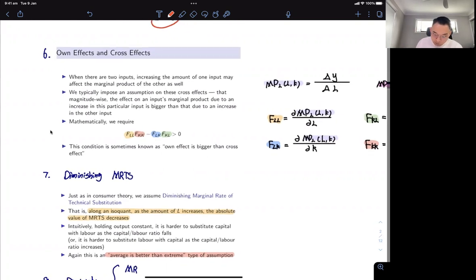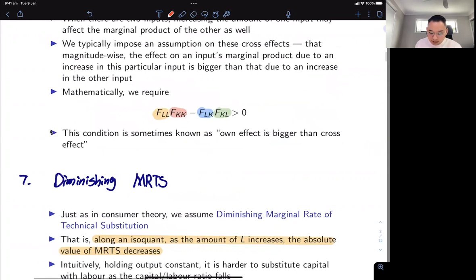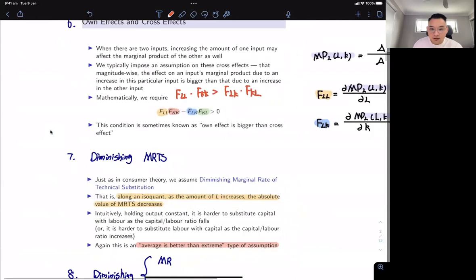So that is simply saying that F_LL times F_KK minus F_LK times F_KL is greater than 0, or simply F_LL times F_KK is greater than F_LK times F_KL. Okay, that's very simple. This condition is sometimes known as own effect is bigger than the cross effect.